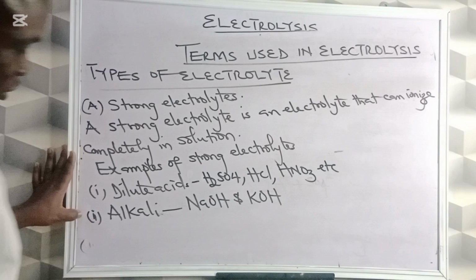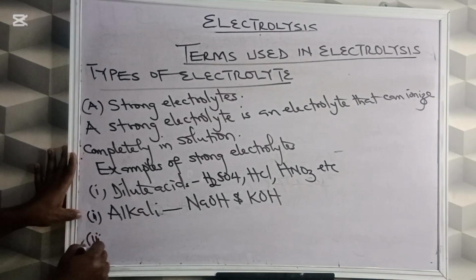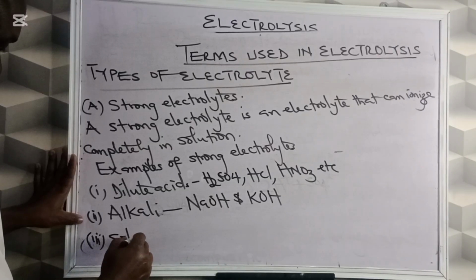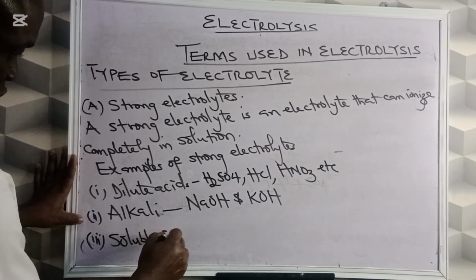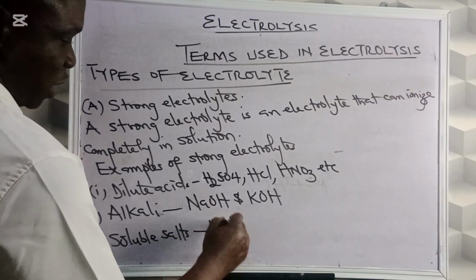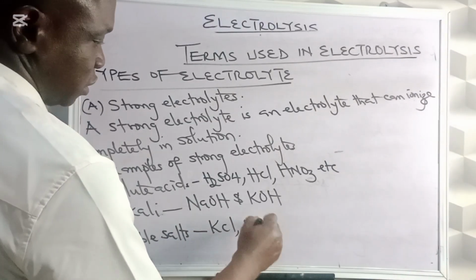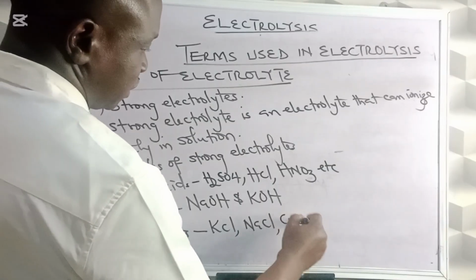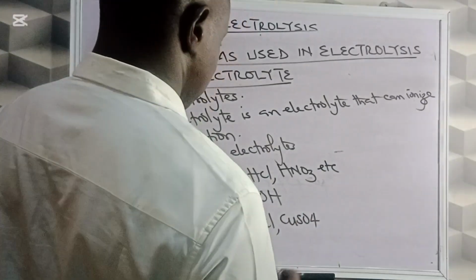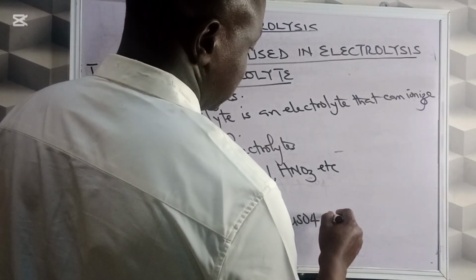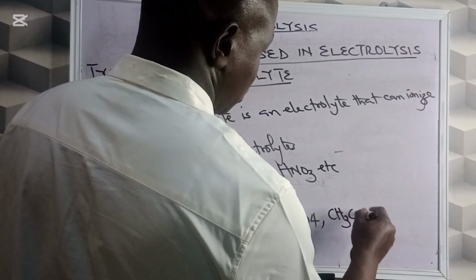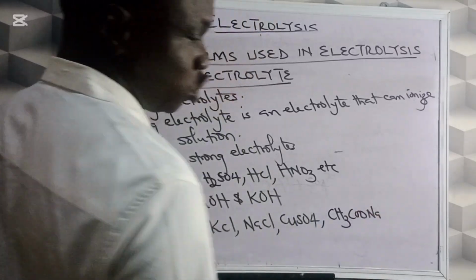Three, we talk of soluble ionic salts, for example potassium chloride, sodium chloride, copper 2 sulfate, etc. We have sodium ethanate, CH3COONa.